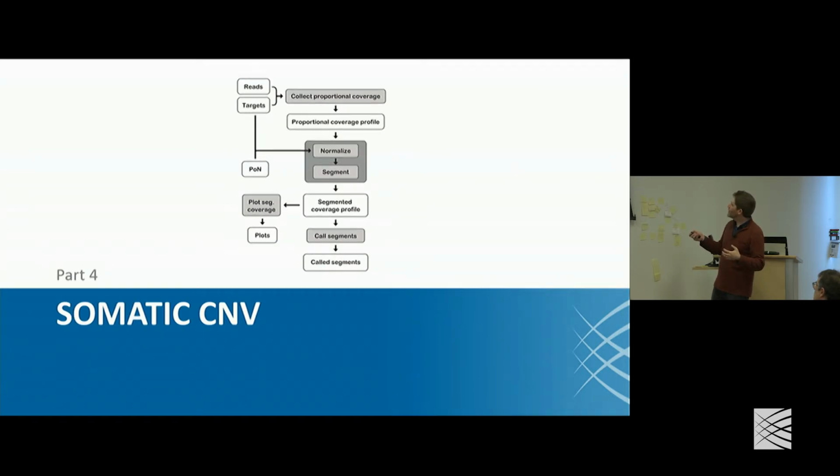As you can see, that's one of the inputs. You segment it, you get a coverage profile, you get to plot it. I'll talk about calling here as well. And then your output is basically segments where you can say what the copy ratio is for a particular segment, and an estimation of whether it believes it's copy neutral, deleted, or amplified. And you get plots.